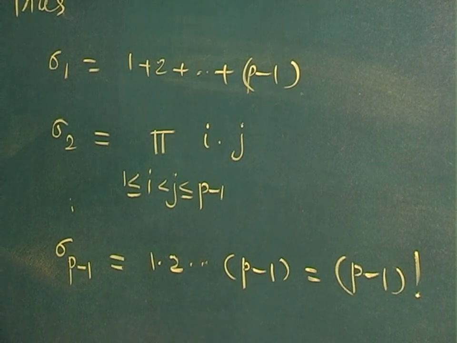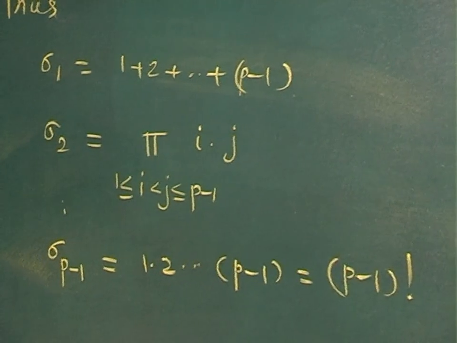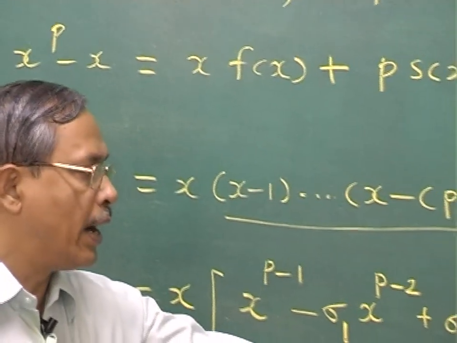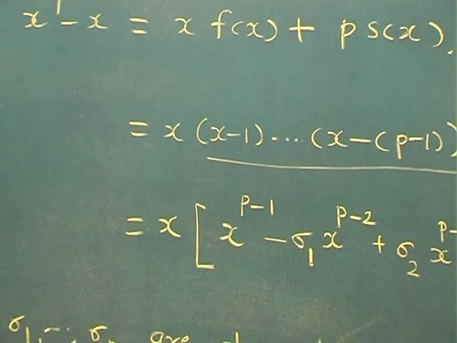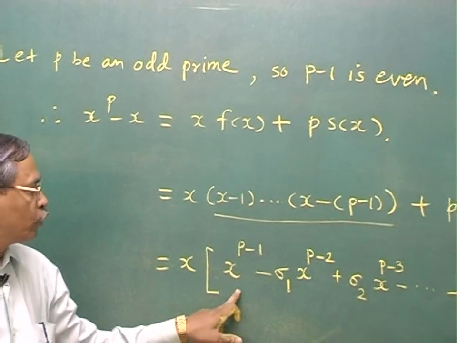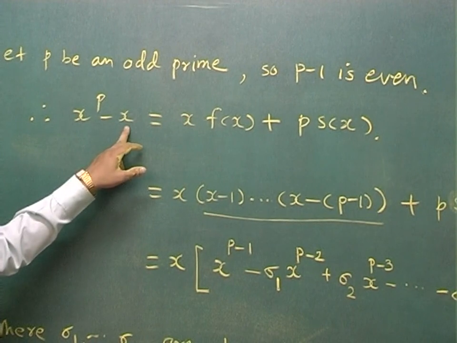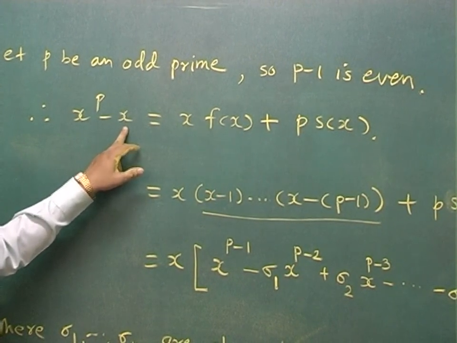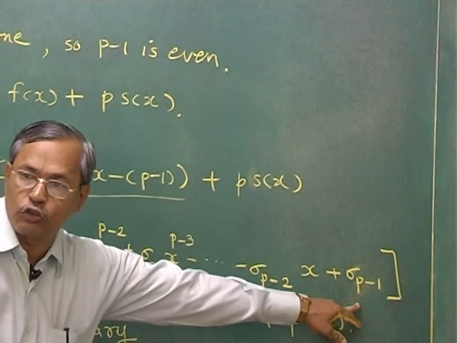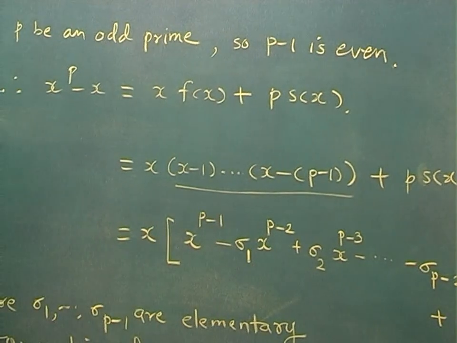Now if you compare coefficients for x^p minus x equal to this polynomial, and compare the coefficients mod p, what do you get? So x^p here and x^p there, so you don't get anything new. Next, the coefficient of x here is sigma (p minus 1), that is (p minus 1) factorial.